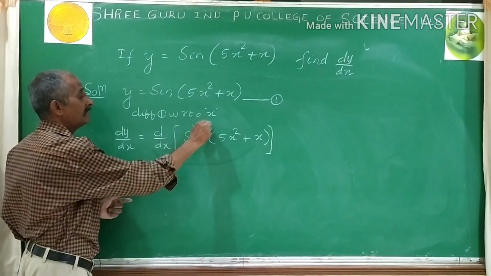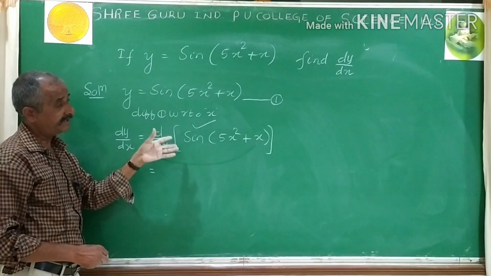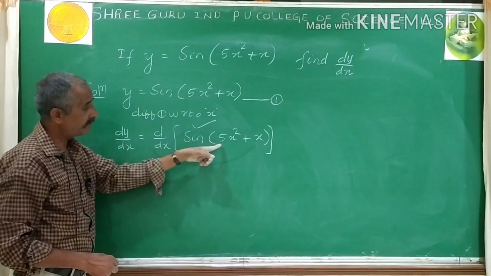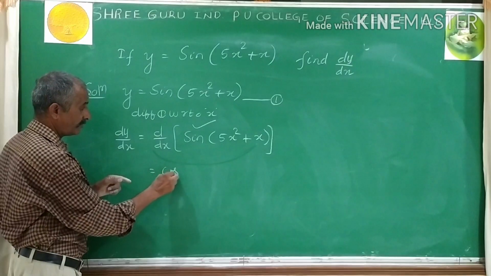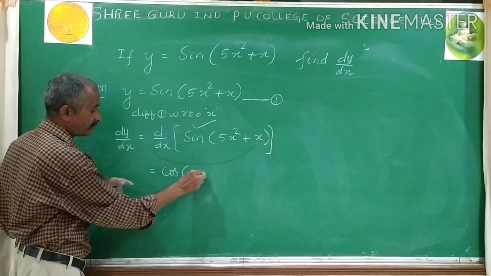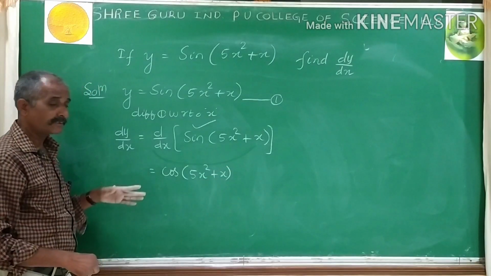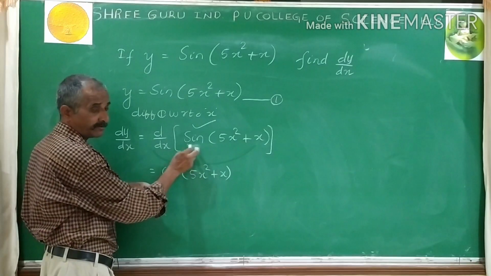Keep in mind, you can't suddenly go to differentiation of x, because we are first dealing with the sine function. What do you call the standard list of formulas? Differentiation of sine x is cos x. Here, same thing: instead of x, we have this complete term. Answer: cos of 5x square plus x. And be careful, your answer is not finished at what we have written, which is only the differentiation of the sine function.